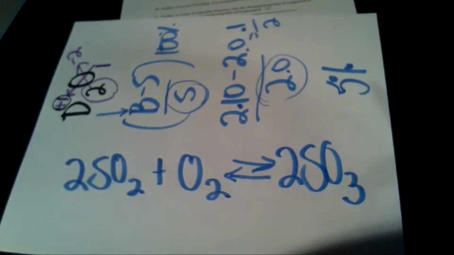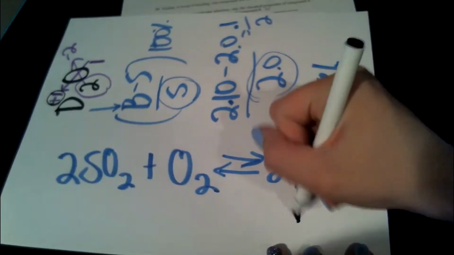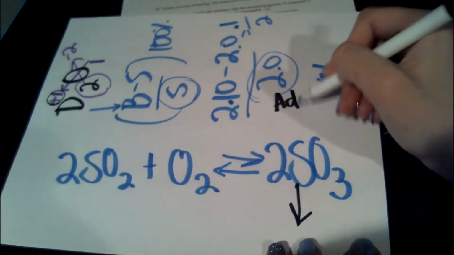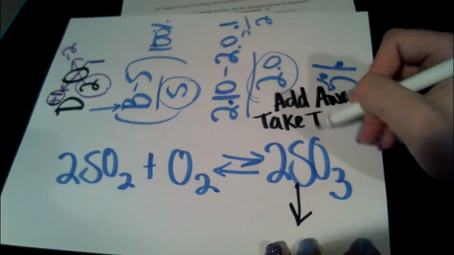Now, this is saying that I'm going to remove SO3 from the system, so we are reducing the amount of this. So we have our Le Chatelier's rules: add, away, and take, toward.